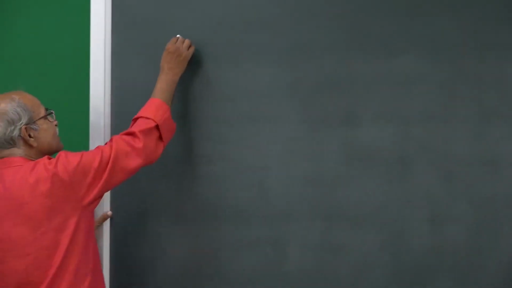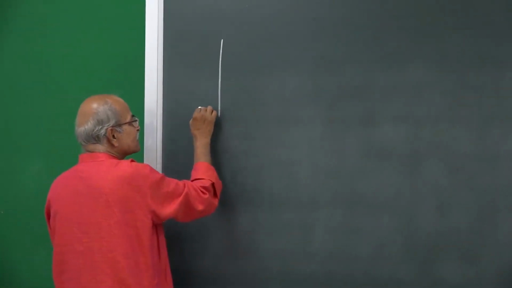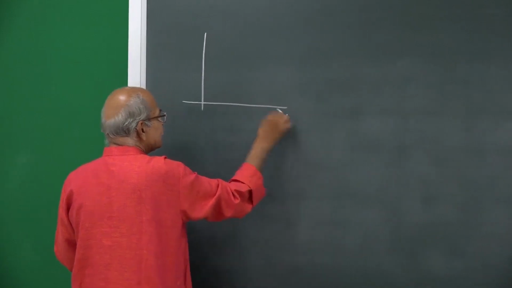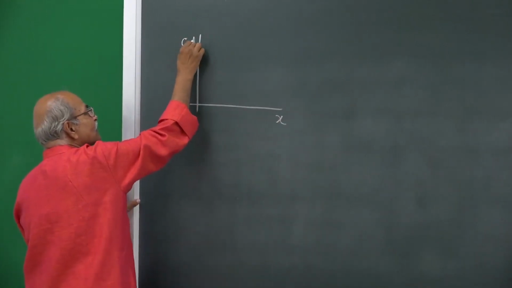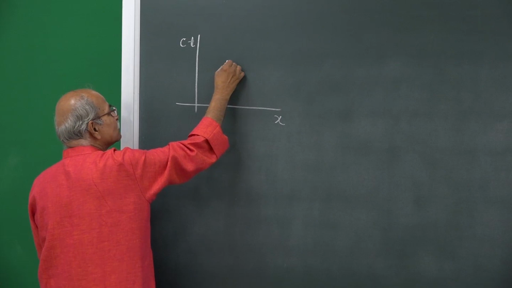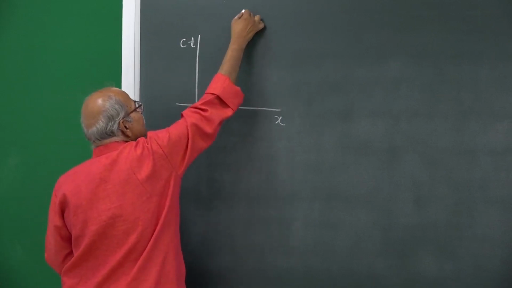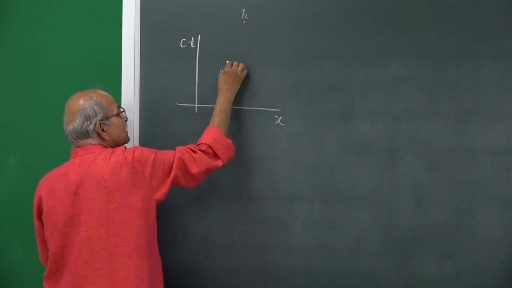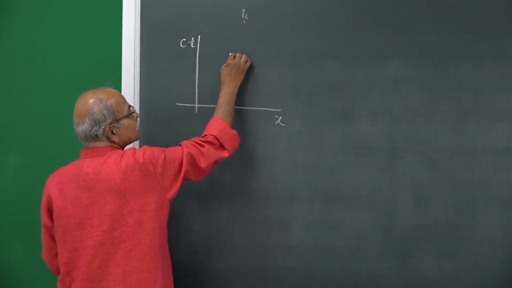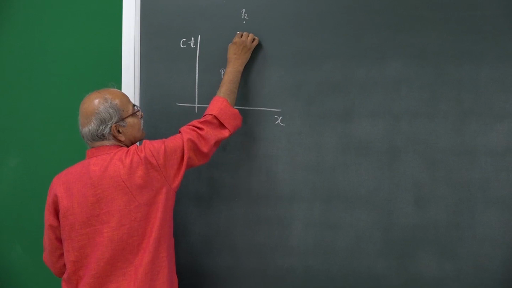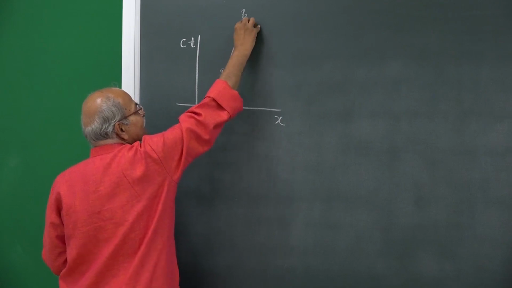So, last time we considered two events, and these two events in the x-ct diagram were P1 and P2 such that the slope of this line P1 P2 was more than 1.